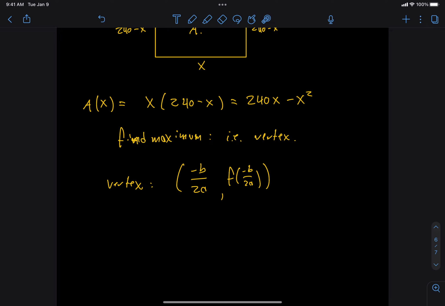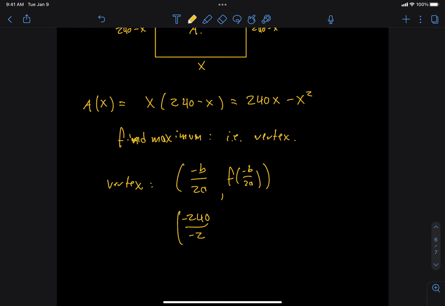What's b, first of all? 240. B is 240, and what's a? Negative x squared? Well, it's just the coefficient, so it's just negative 1. So in this case, that comes out to negative 240 divided by negative 2.